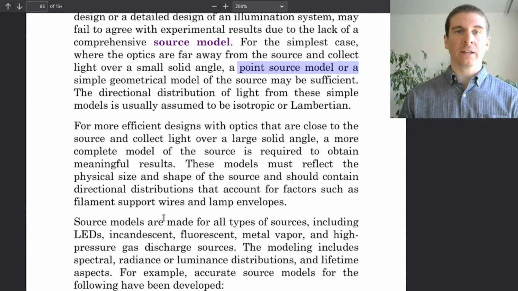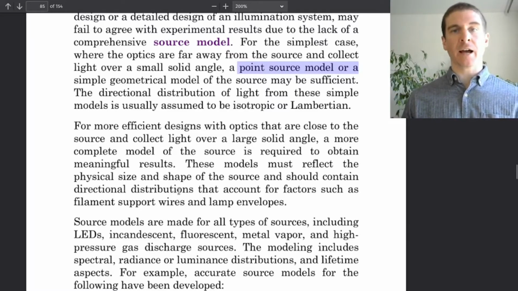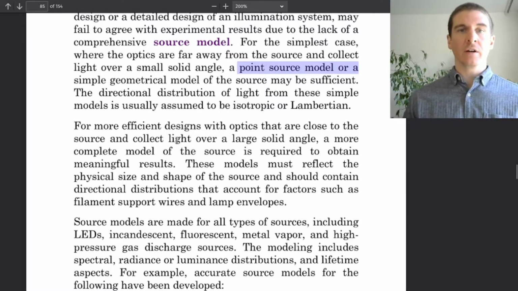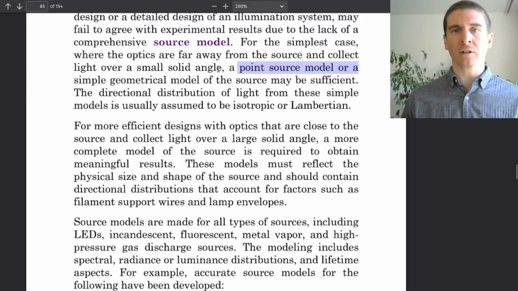And therefore, it is understandable that the second type of definition is used often in lighting. For example, in this SPIE document, where they start with the second definition so that it's a so small solid angle and therefore a point source model can be used.